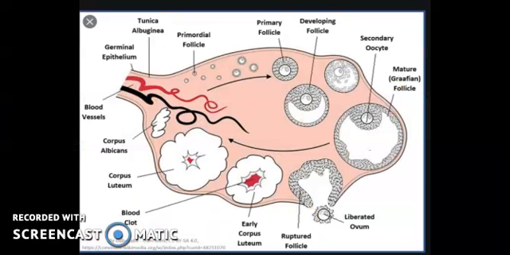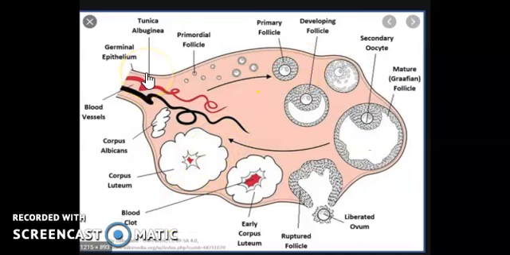Structure and development of the ovary. Each ovary is a compact structure differentiated into a central part called the medulla and an outer part called the cortex.